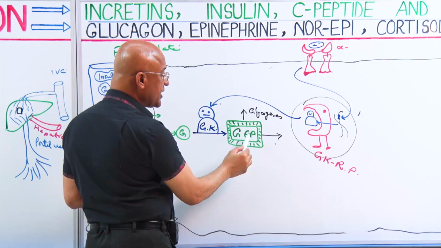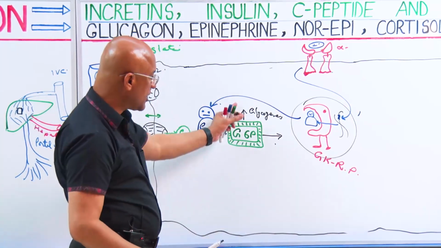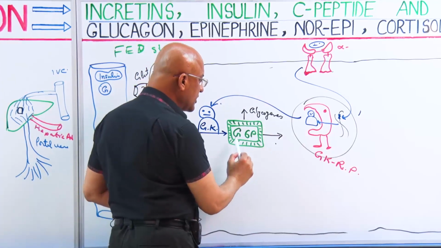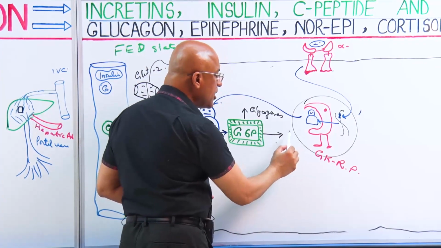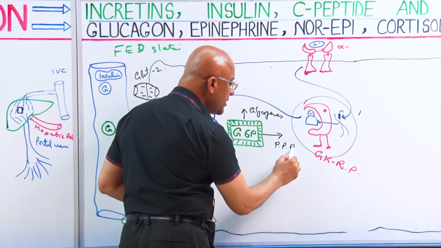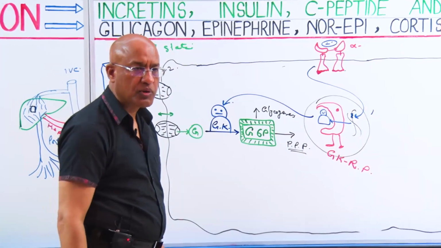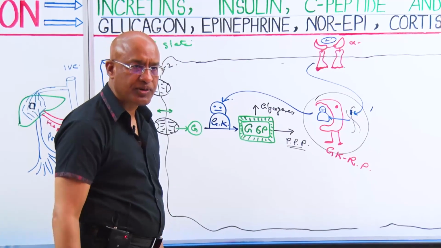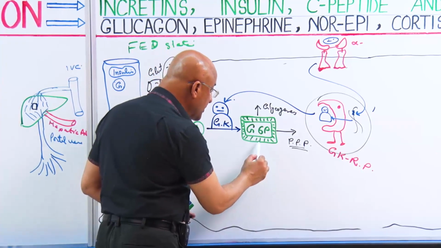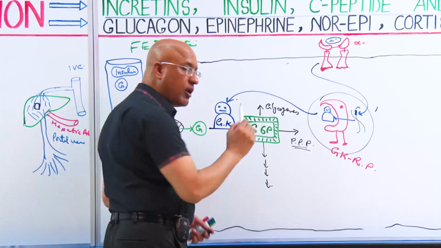Or glucose 6-phosphate can enter the pentose phosphate pathway. It can go to the pentose phosphate shunt, which was previously called the hexose monophosphate shunt. Or glucose 6-phosphate can go down and go into the pathway of glycolysis.